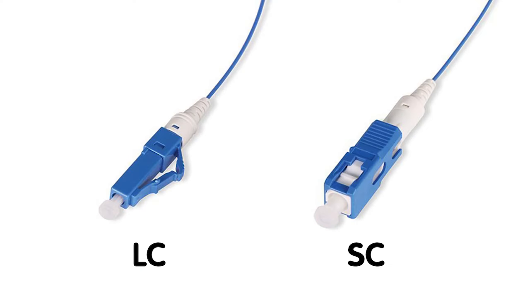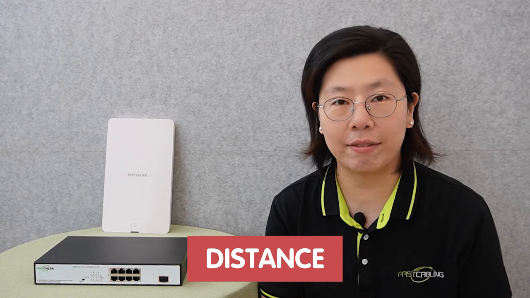Common connector types include LC and SC. Additionally, you should take into account the specific application requirements, such as the distance between devices and any environmental factors that might impact the cable performance. By carefully evaluating these factors, you can select the most suitable fiber optic cable for your 2.5G network upgrade, ensuring efficient and reliable data transmission.